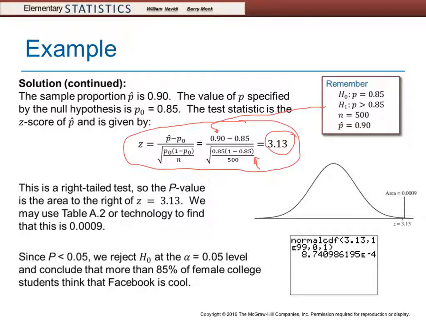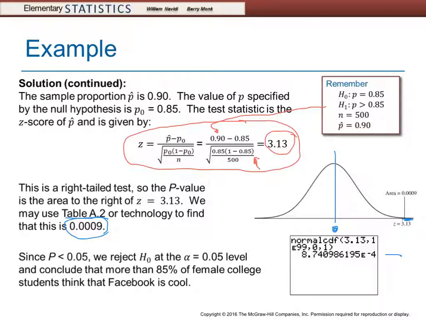Now, once we look at the Z statistic, we can try to find a p-value on the standard normal curve. And when we do that, we're looking at the area to the right of 3.13. And if we go to table A2 in our book, we see that this area is 0.0009.